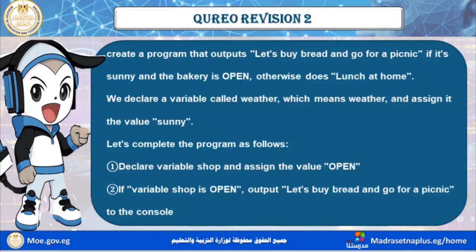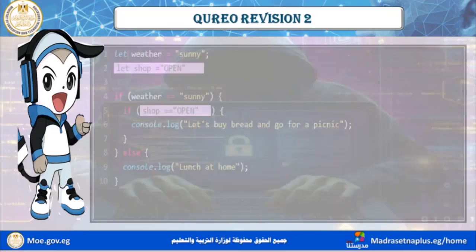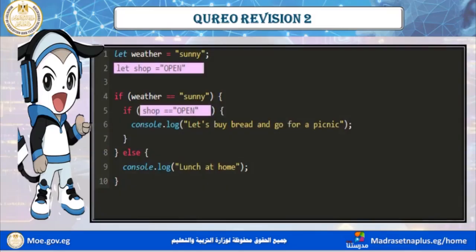How will we create this program? Let weather equal sunny, let shop equal open, and now let's compare weather to sunny. If weather equals sunny, if the condition is true, we have to check another condition, which is shop equal to open.